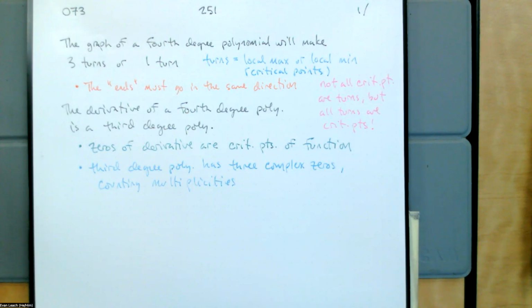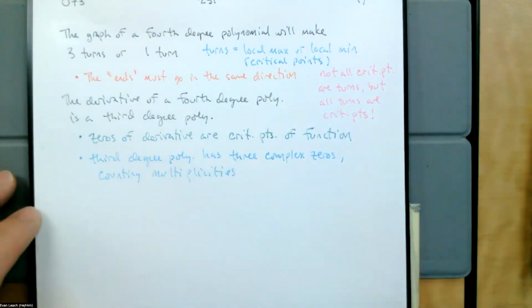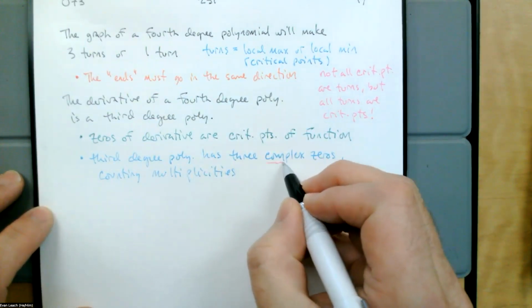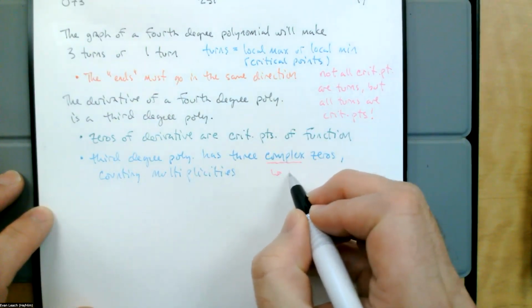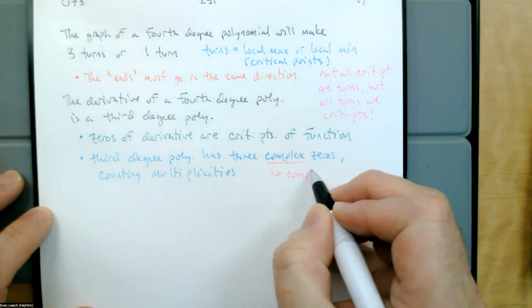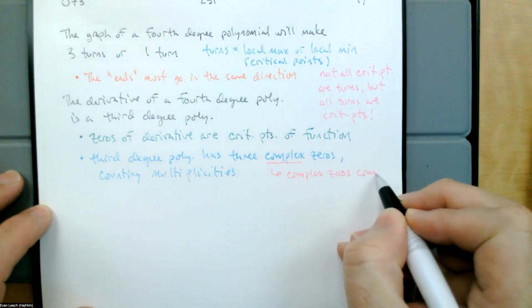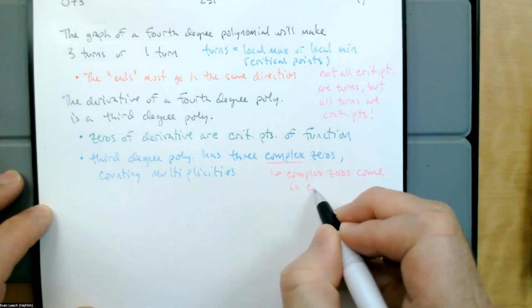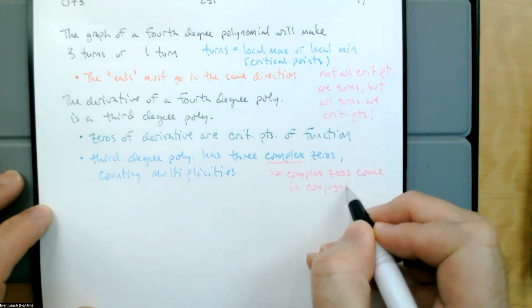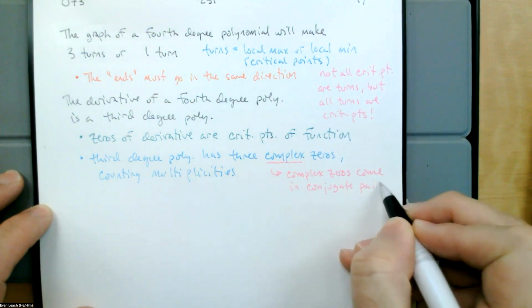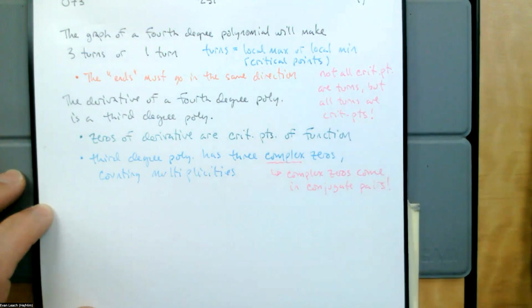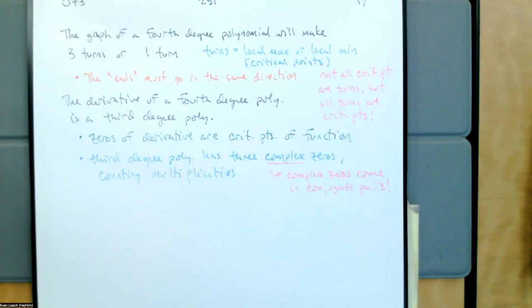There's only 3 additional piece of information. We should remember that complex zeros come in conjugate pairs.